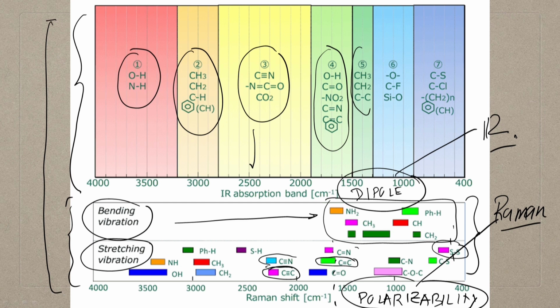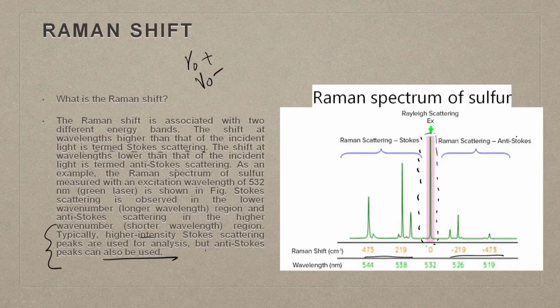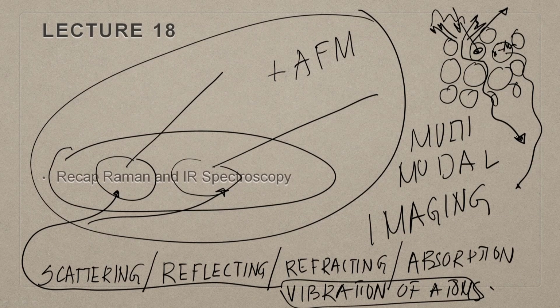And whenever we are talking about anything to do with matter and light interaction, you have to realize there will be those 5 different situations.